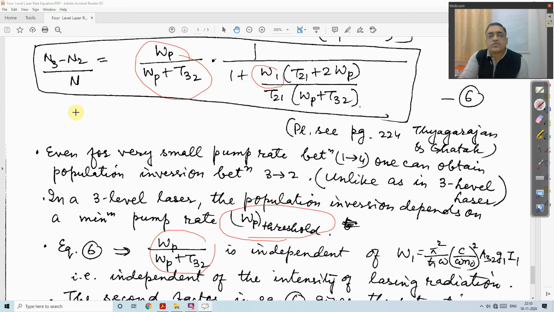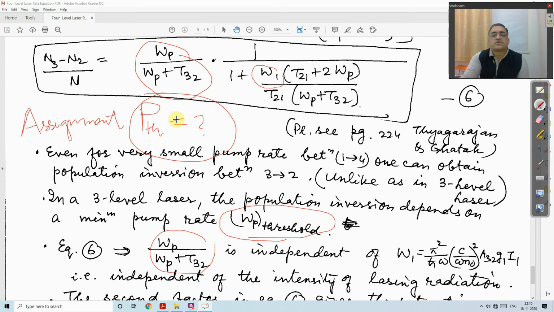So I give to you as an assignment to calculate the WP threshold as we obtained in a three level laser. We can do it very easily. W1 is the same, barring this, where it is A32.